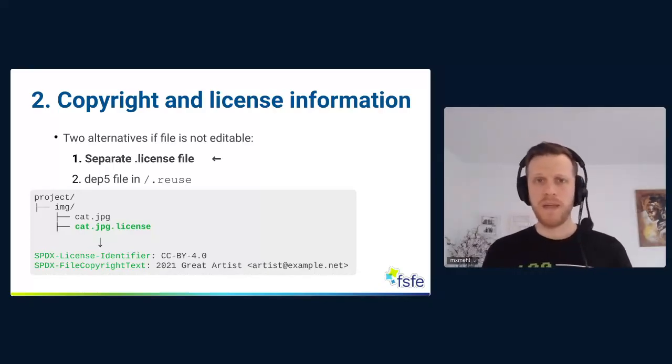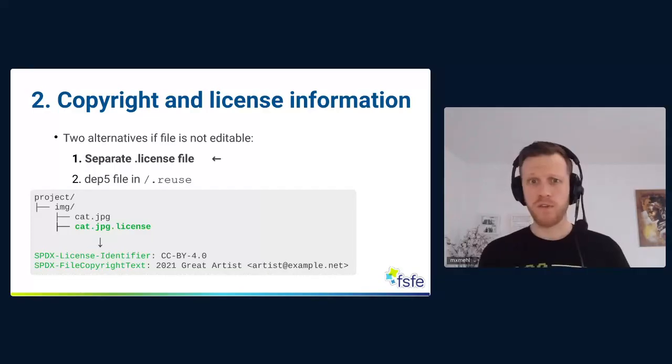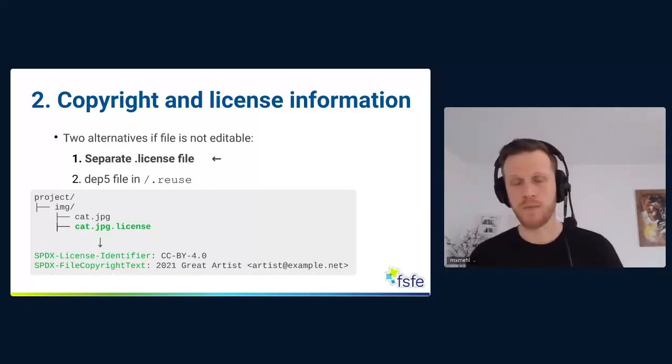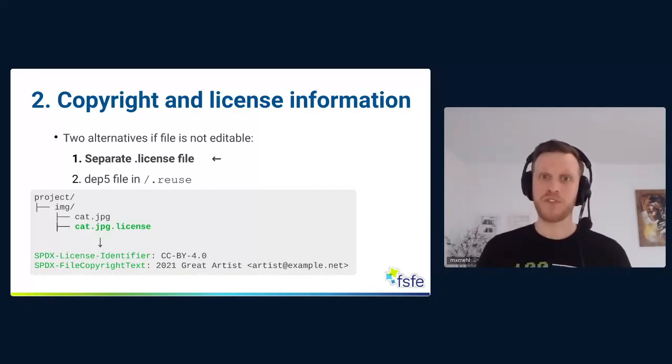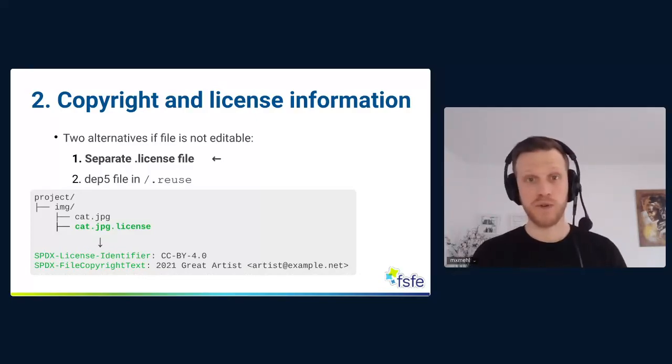But now there may be cases where you have a lot of binary files, like let's say a directory full of icons for your application, 500 icon files that are binary and cannot be commented. Of course, now the first alternative would mandate you to create 500 additional files, for every single file a separate .license file. Of course, that may not be the best solution.